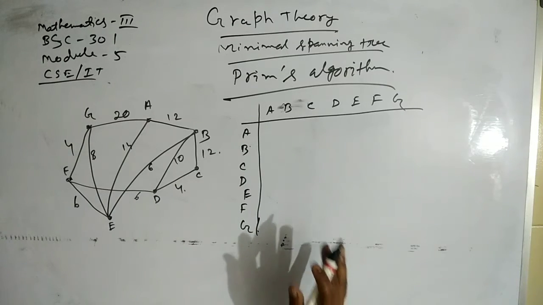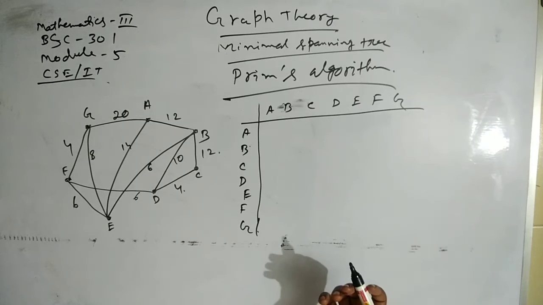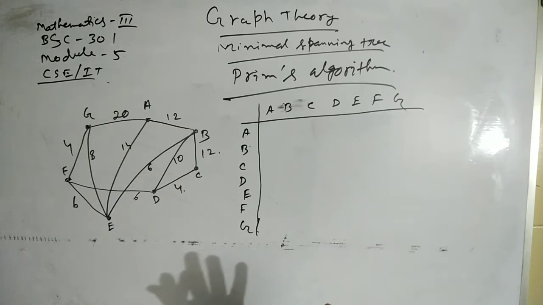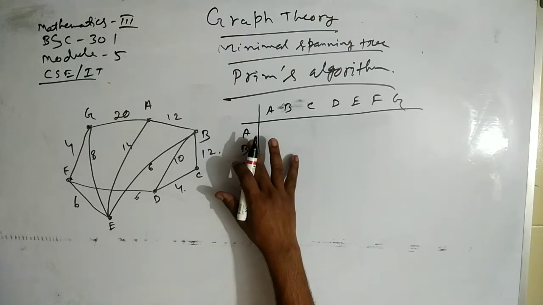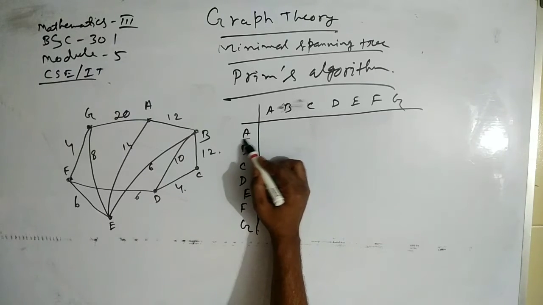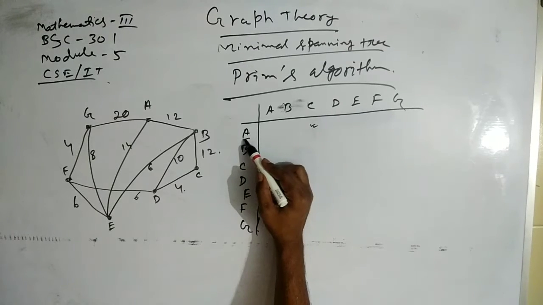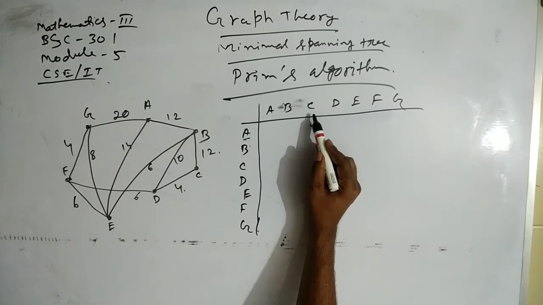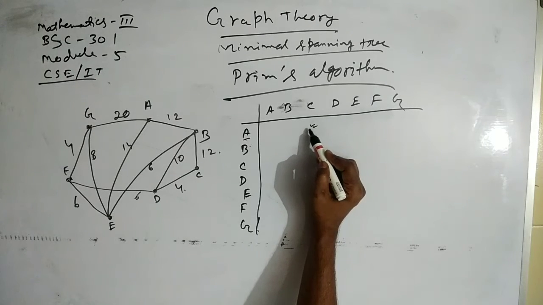Now we have to put in the elements. How to put the elements? Suppose we are taking this element: you have to see if there is an edge from A to C, and if there is an edge, then you put the weight of that edge. If there is no edge between A and C, then put infinity.